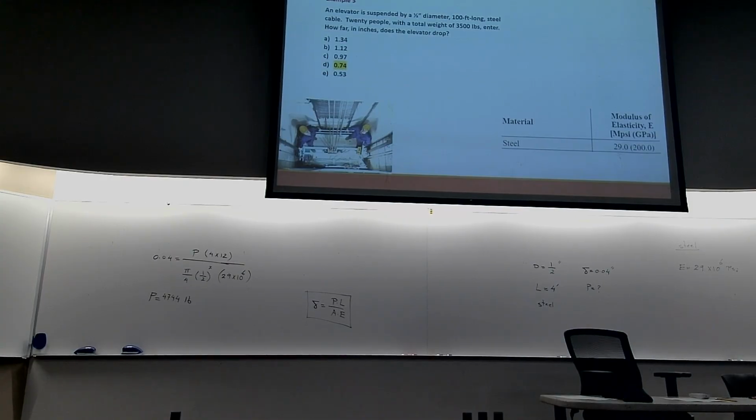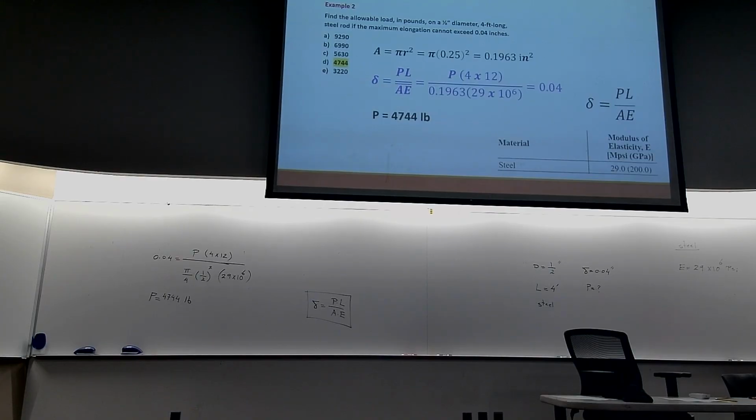Yes? I have a question on the last one. What says 0.25 is? I'm sorry? Oh, never mind, it's that even there. 0.25 is radius, which is half of diameter. Yeah.